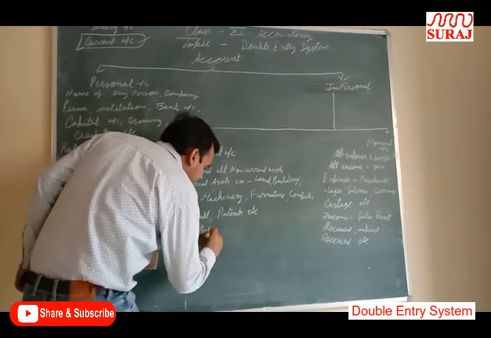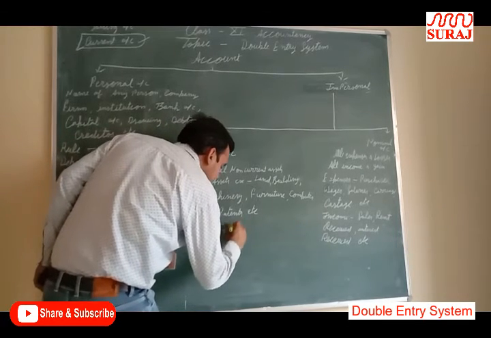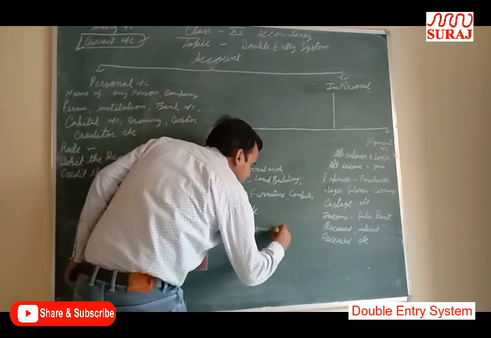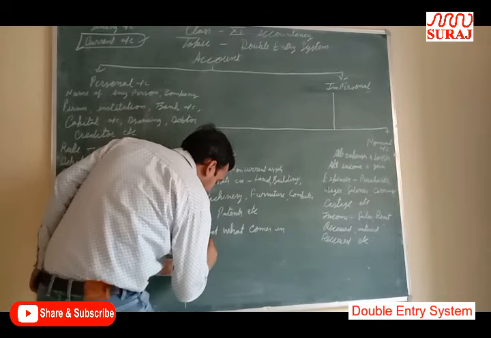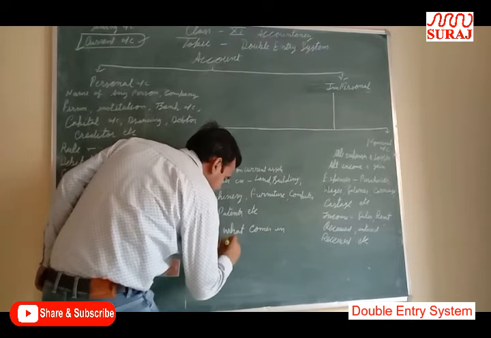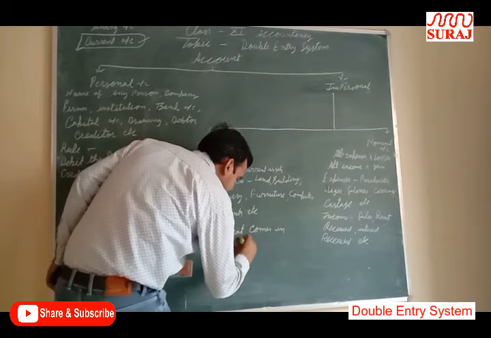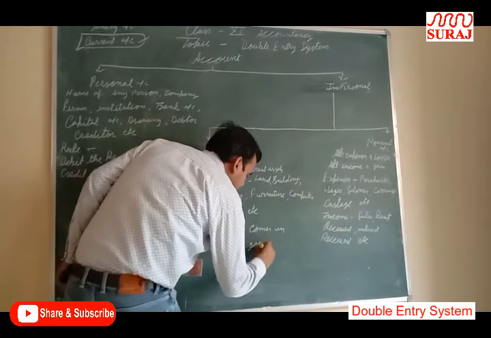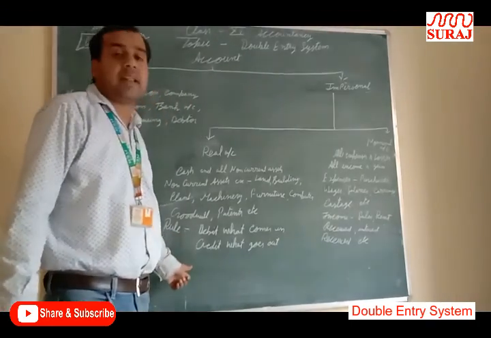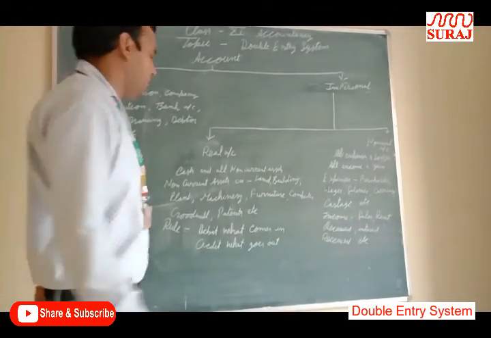Real account rule: debit what comes in, credit what goes out. If assets come in then it will be debit, and if assets go out then it will be credit.